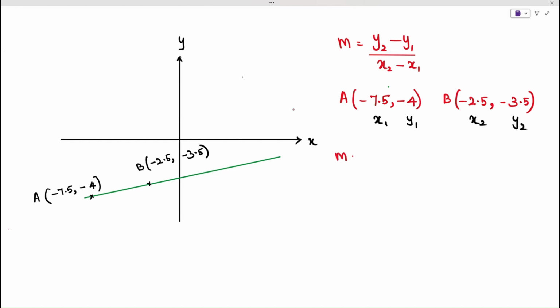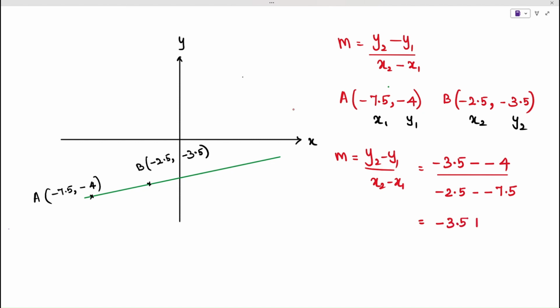Now we will substitute it into our equation here. So m is equal to y2, which is -3.5, minus -4, over x2, which is -2.5, minus -7.5. Now, if we do the calculations, we get -3.5 plus 4 over -2.5 plus 7.5.